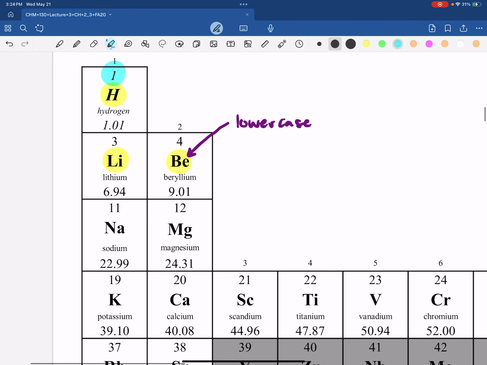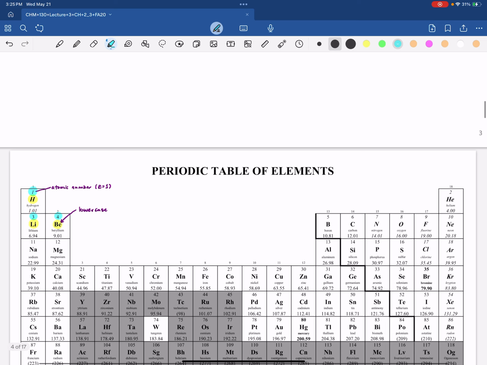There are lots of atomic numbers. So 3 would be for lithium, 4 would be for beryllium. And if you zoom out a little bit of the periodic table, you will notice that the periodic table is in numerical order, like it goes reading from left to right, 1, 2, 3, 4, 5, 6, all the way through. So the atomic numbers are arranged in sequential order to make it easy for you to find a specific element if you know the number of protons.